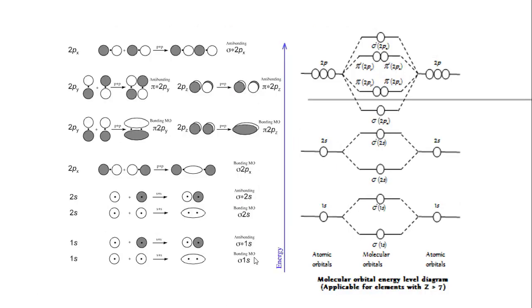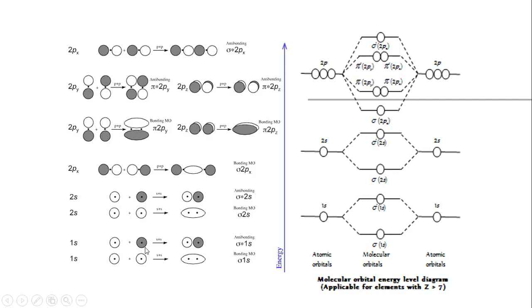Here we can see the left side picture represents the s orbital overlapping, giving the bonding molecular orbitals and anti-bonding molecular orbitals, how they are given and what the shapes of overlapping are. We can see the energy levels here.